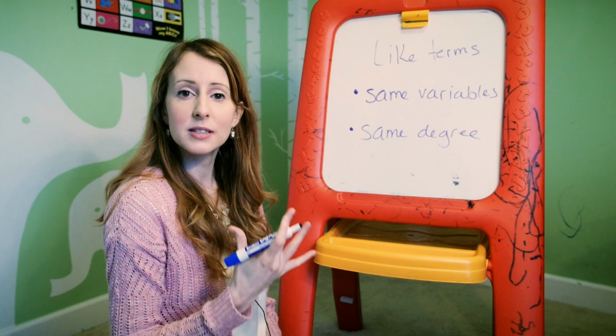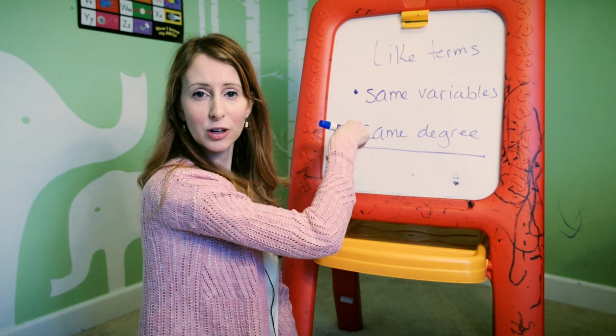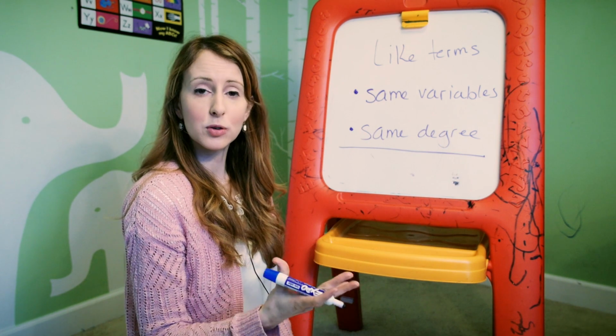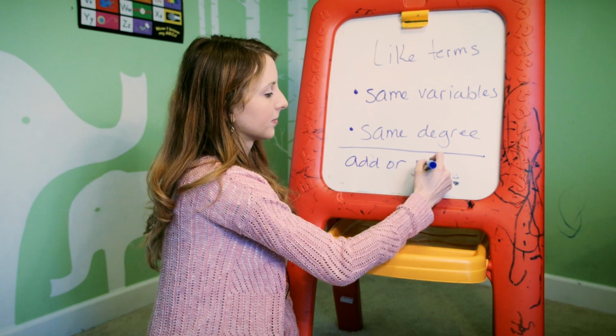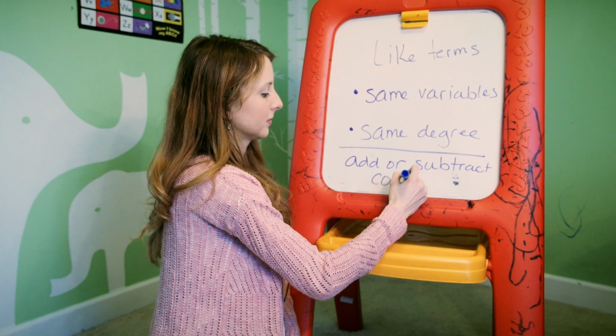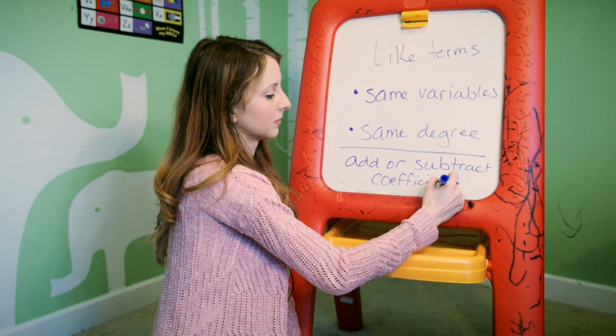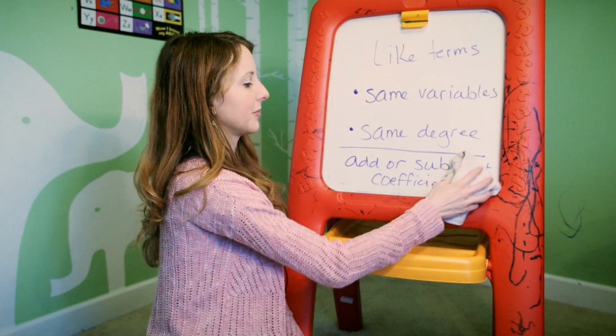So if your variables and degrees match, obviously it means you have like terms, and you can add or subtract their coefficients. Okay, so let's do an example of that.